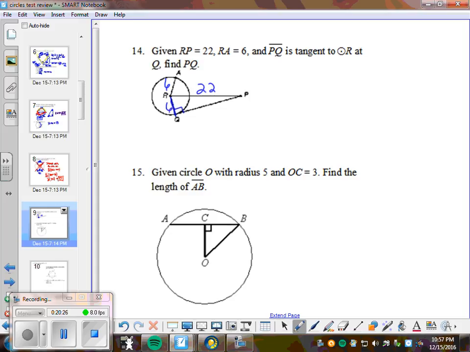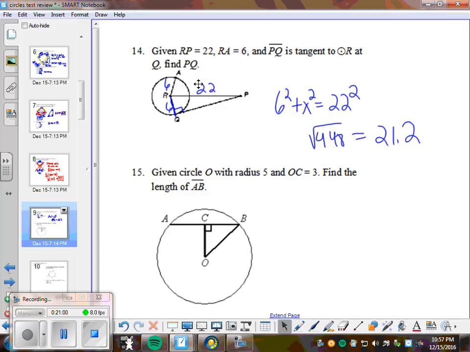You got 22 as your hypotenuse, so you got 6 squared plus x squared equals 22 squared. You're going to get the square root of 448 equals 21.2. So you use the Pythagorean theorem.